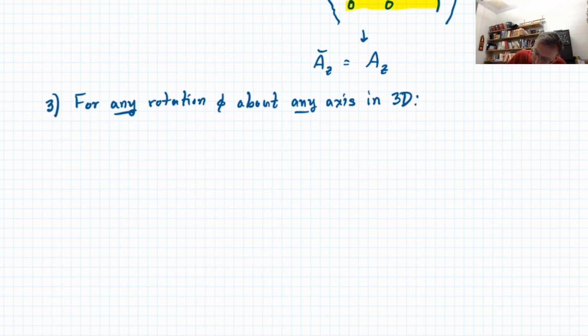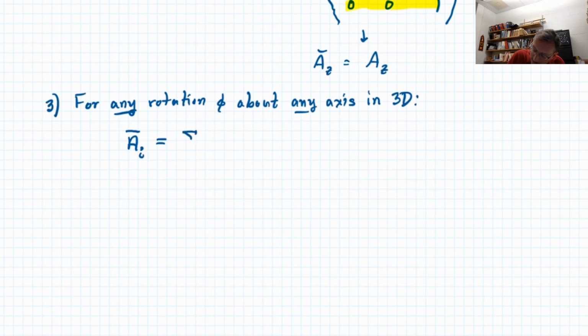I'm going to write it like this. It's a pretty standard matrix notation. The ith component, A_i bar, is, well, it comes from multiplying a row in the R matrix with the column matrix for the original A components. And that's denoted with a summation notation.